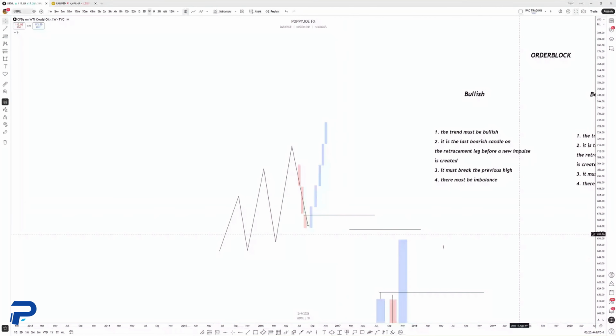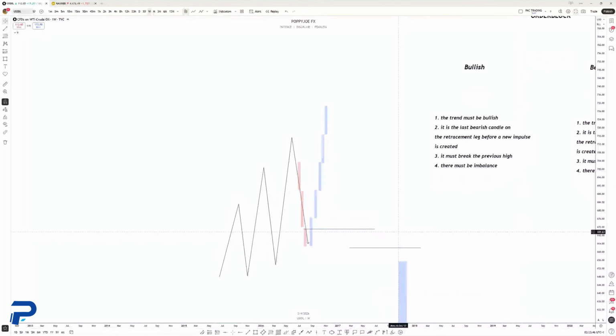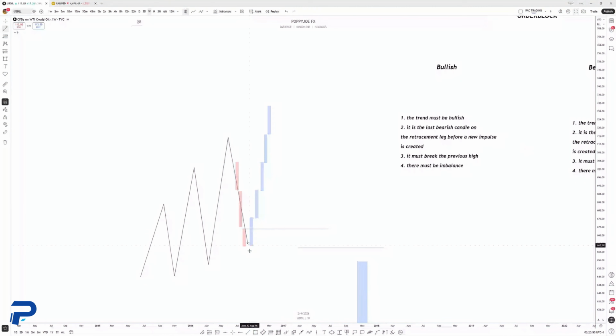And this is where I want you to learn something. Let's say the bullish candle here is the one that has the lowest wick, and your bearish candle only has a tiny wick like this. When you're trying to mark your POI, most traders make the mistake of marking only the bearish candle, because according to the definition they only learn that the bullish order block is the bearish candle.